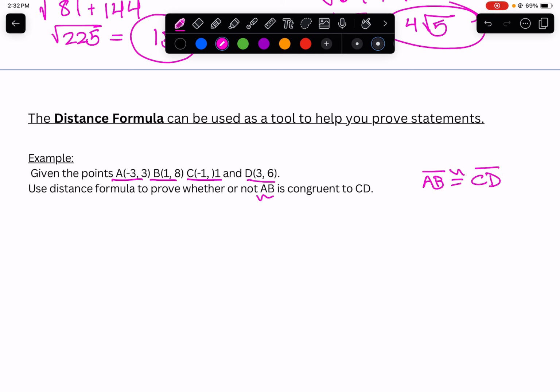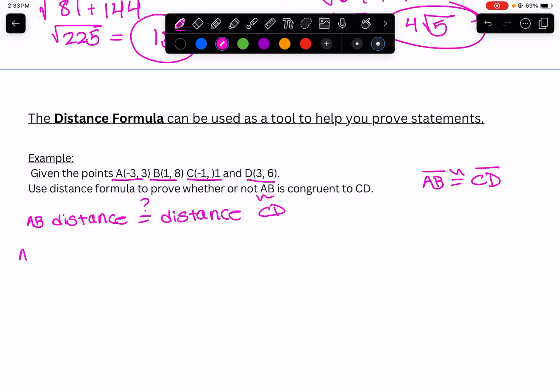If two segments are congruent, then their distances must be the same. So what we have to do is, what is the distance of AB? And is that the same as the distance of CD?